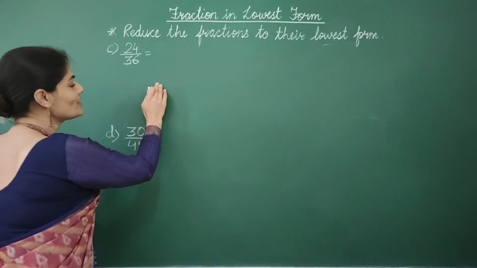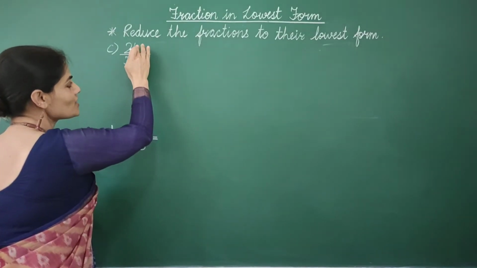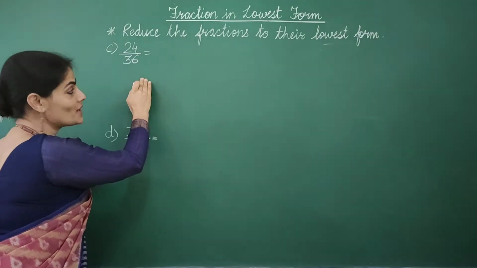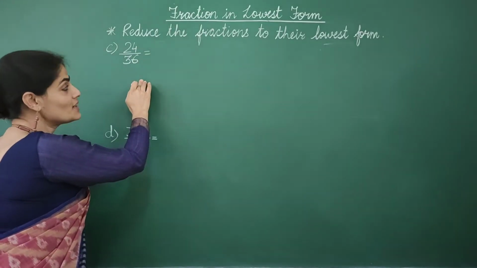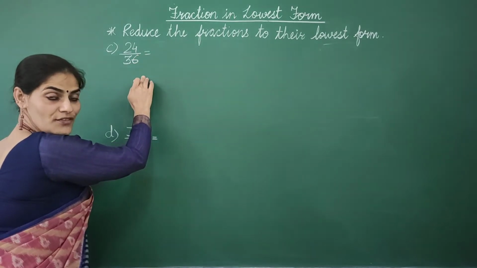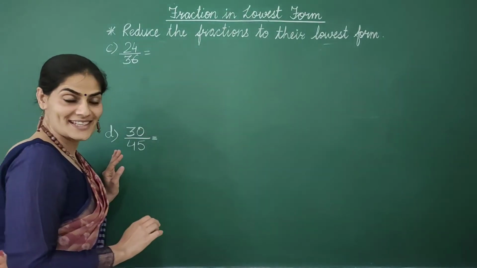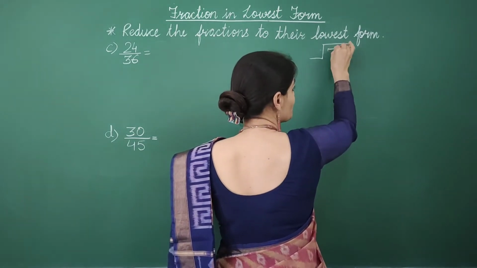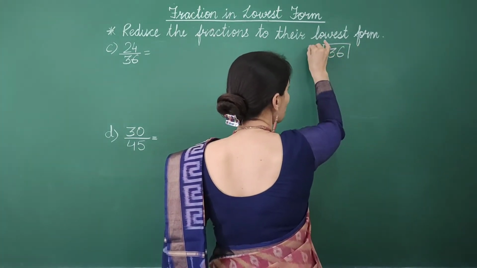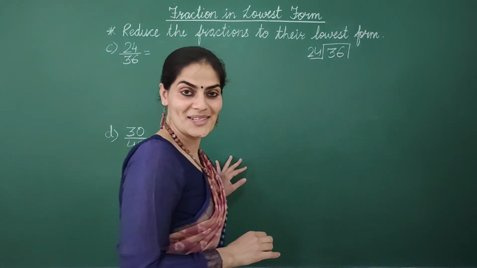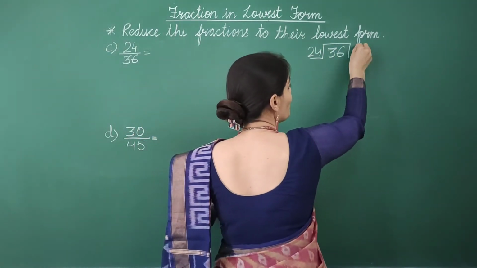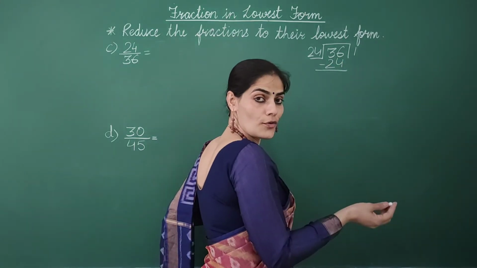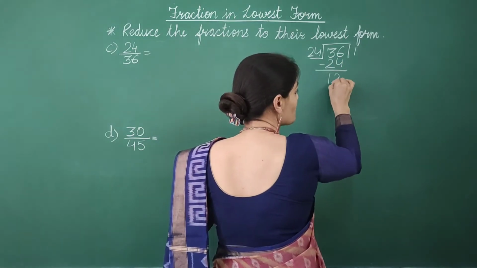In part C, we are asked to reduce the fraction 24 by 36 to its simplest form. So what are we going to do here? We'll first find the HCF of 24 and 36. I write the greater number at the dividend's place and the smaller number 24 at the divisor's place. Now 24 ones are 24, and when we subtract 24 from 36, our answer comes as 12.